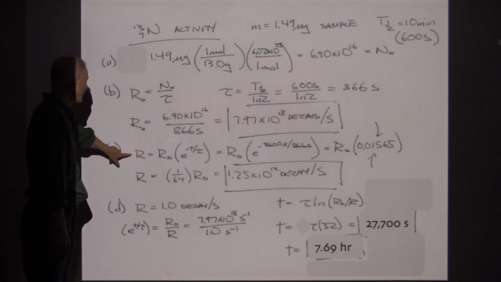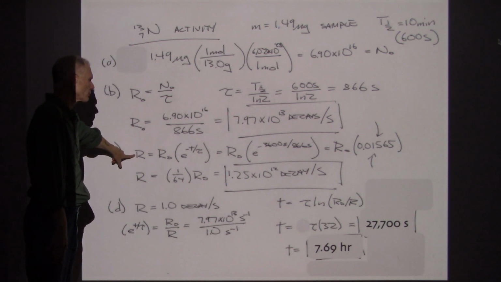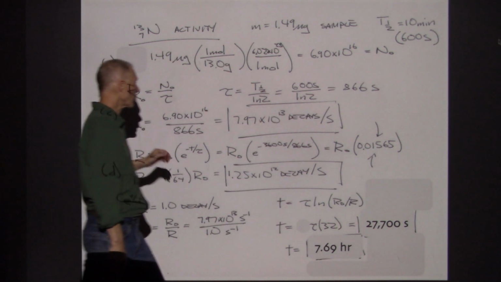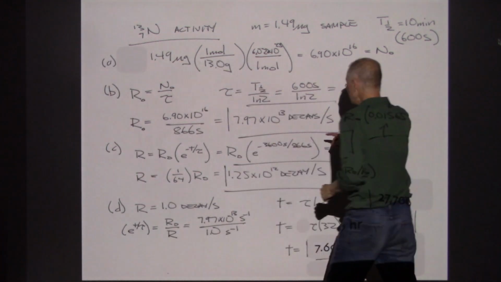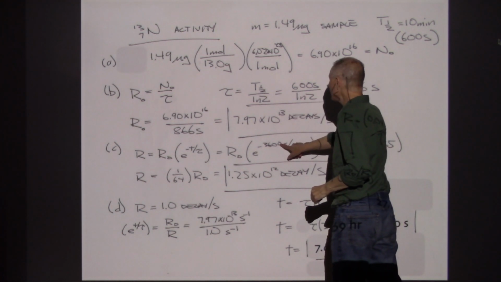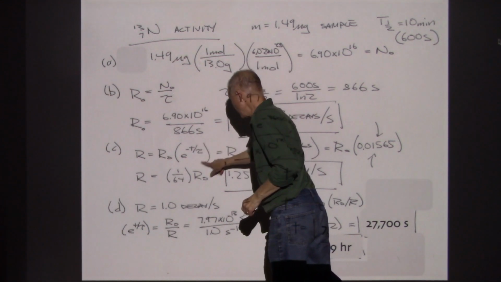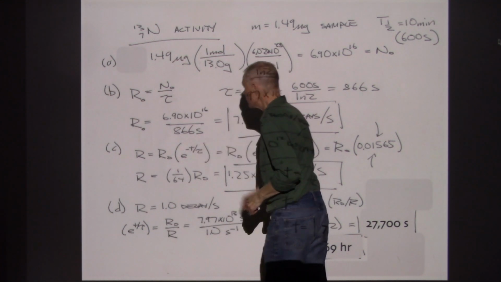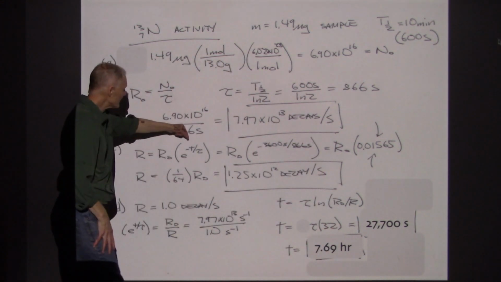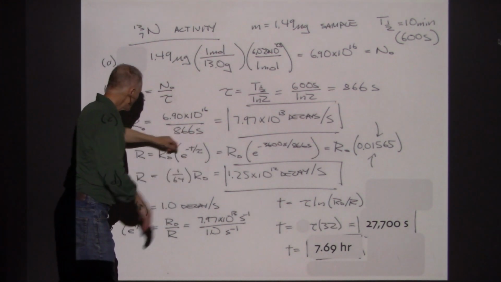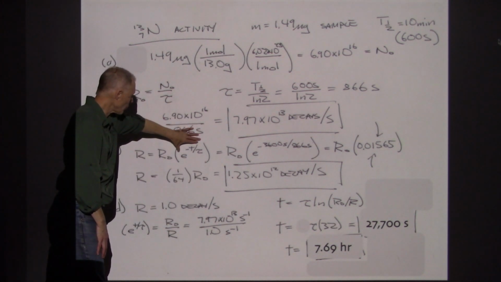Let's see. Here we're calculating what's going to happen in terms of the rate after 1 hour. So I'm using one of my exponential formulas, saying that when time passes, the decay rates will drop off.